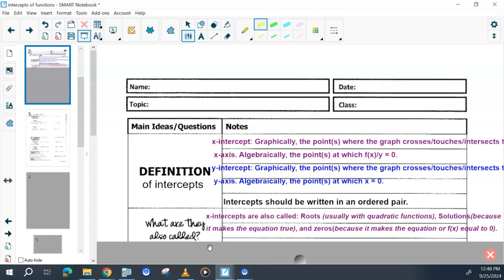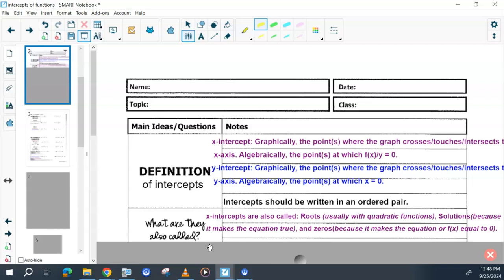Go ahead and close computers, iPads. So you guys have these definitions. I'm going to read through them, and then we're going to actually practice this.